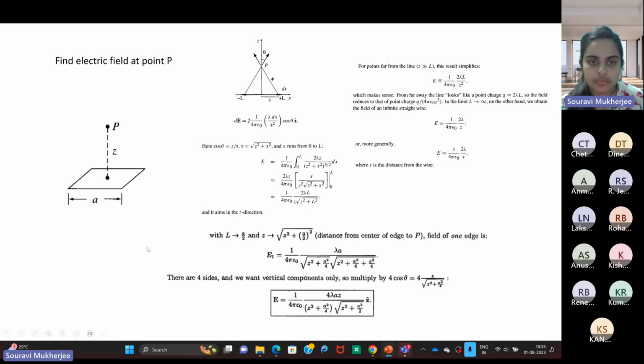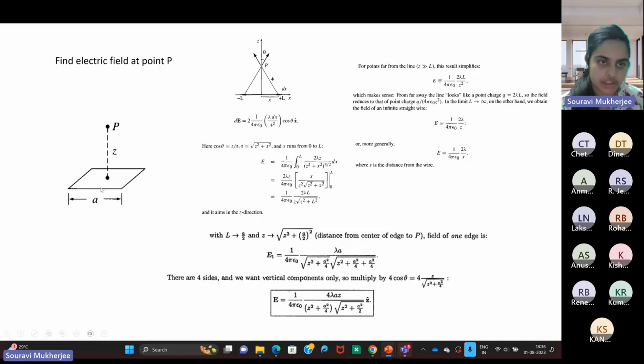So for your case, now your L will be equal to a by 2, right? And your z will then become root over z square plus a by 2 whole square. Why? Because of this distance. So this is a by 2, and this is z.